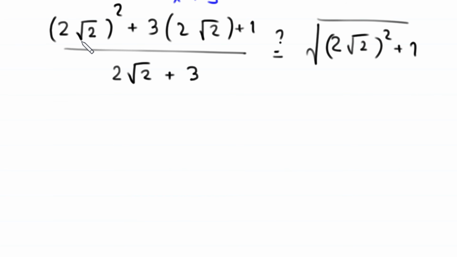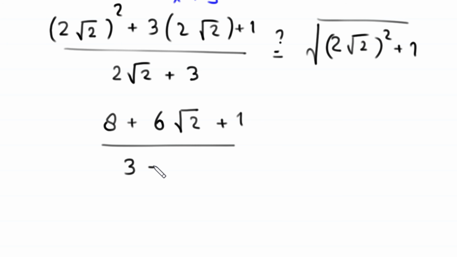This 2 root 2 squared becomes 4 times 2, which is 8, plus 3 times 2, which is 6 root 2, plus 1, divided by 3 plus 2 root 2.